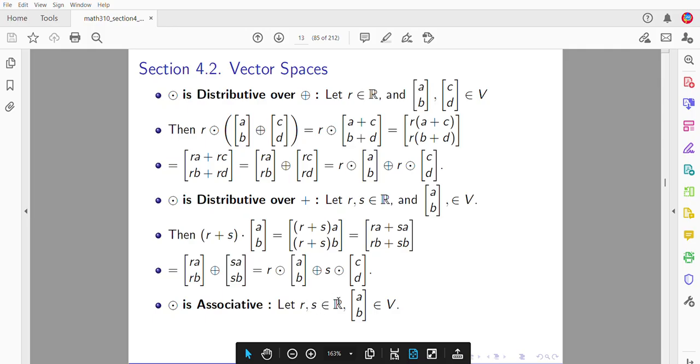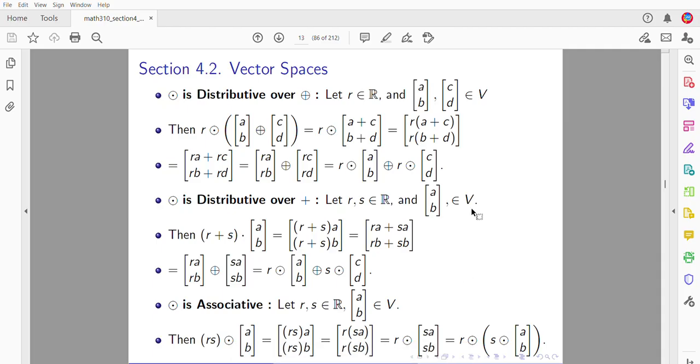R, S in reals and vector AB from the vector set. So let's see this. Multiply RS within the real numbers, then ⊙ with vector AB, then RS goes to A, RS goes to B, there.